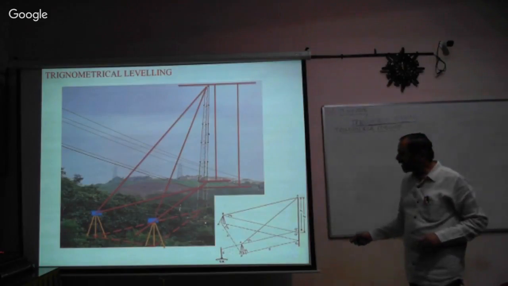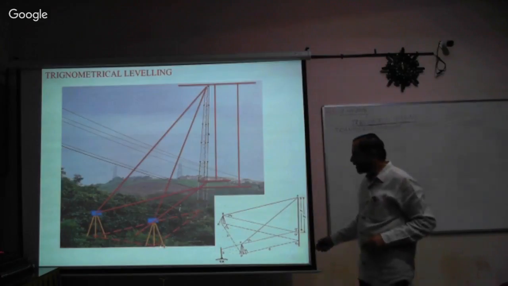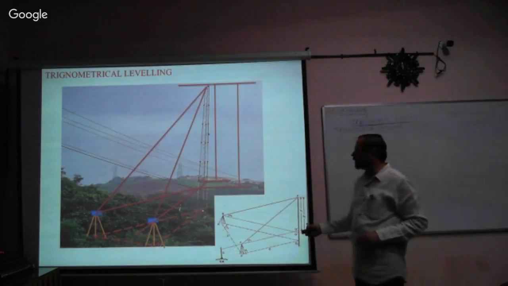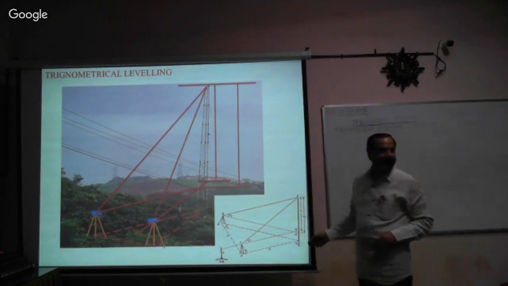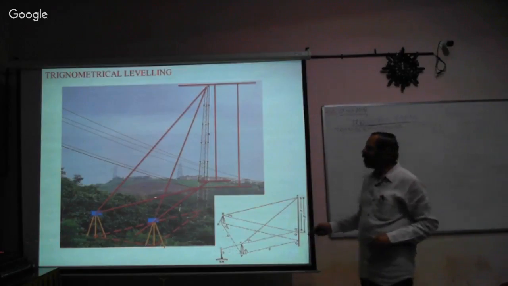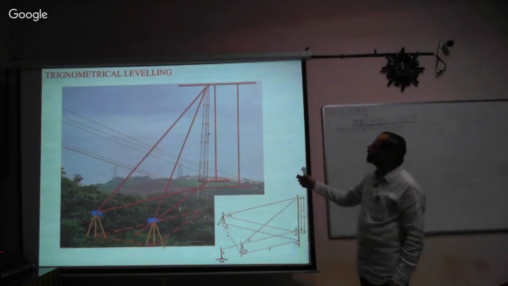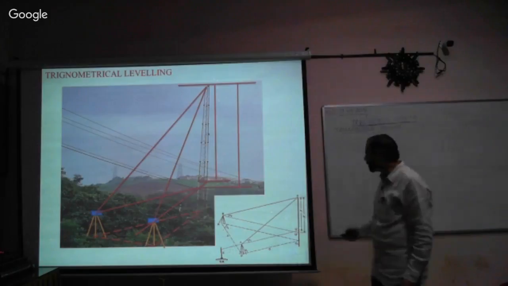When we get this distance, now the distance is known. The distance from the first instrument station to the object is D1. Now calculate this H1, the height above the instrument axis.